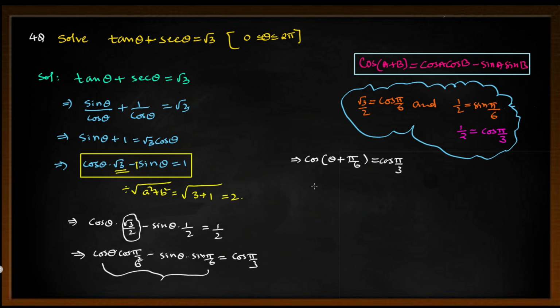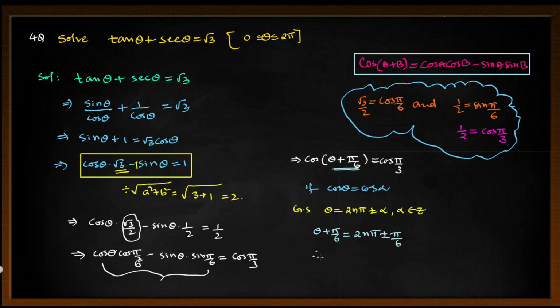Now this is in the form cos theta equals cos alpha. Its general solution is theta equals 2n pi plus or minus alpha, where n belongs to z. But here theta is theta plus pi by 6, equals 2n pi plus or minus alpha, meaning pi by 3.